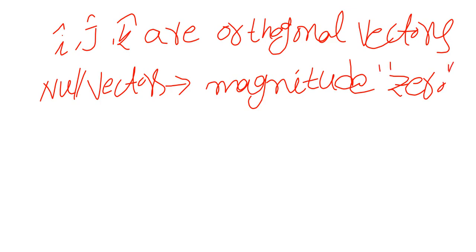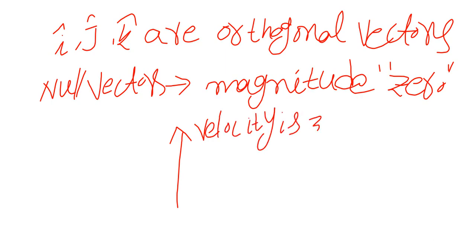Suppose an object is thrown in the upward direction. At its final point, its velocity is 0. It is moving in the upward direction, but its magnitude is 0.